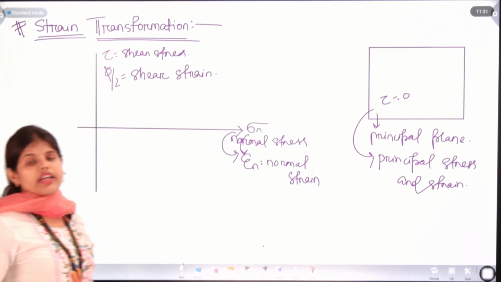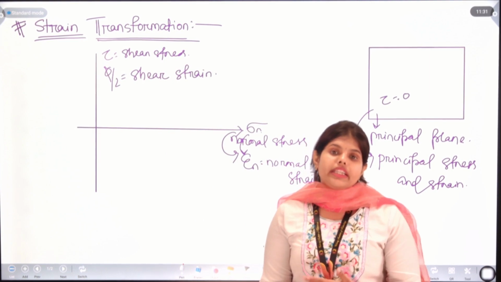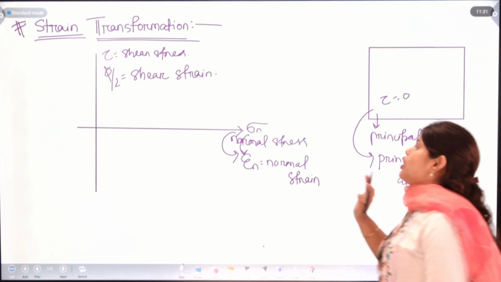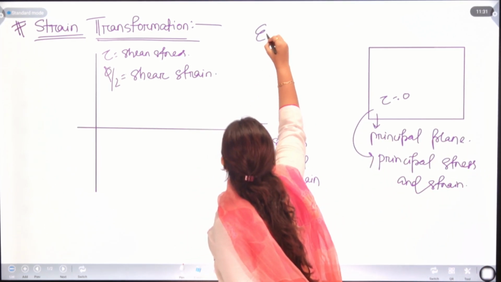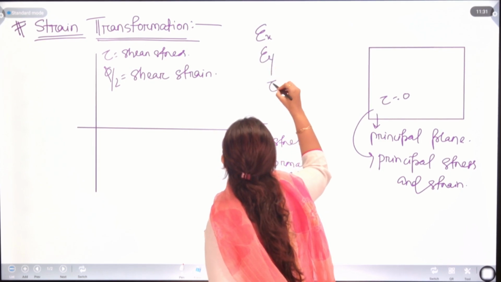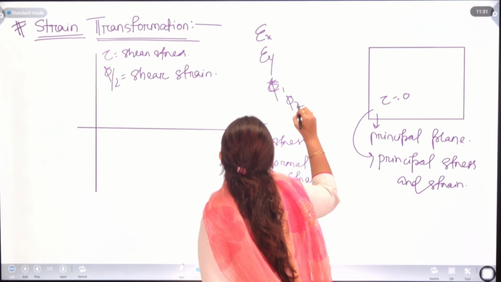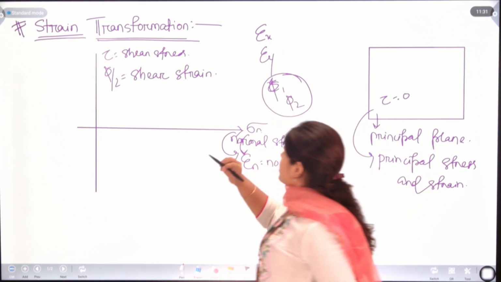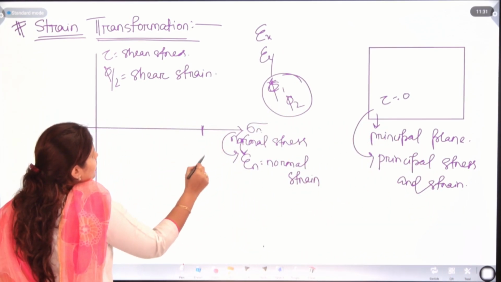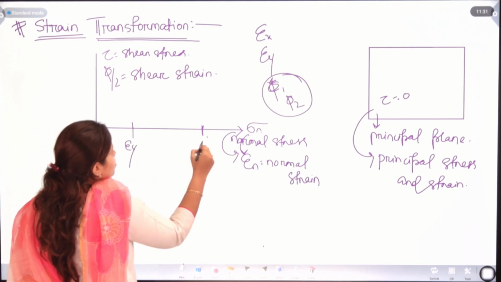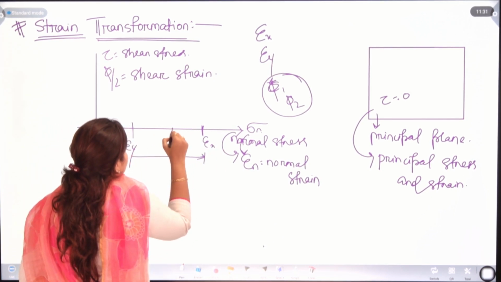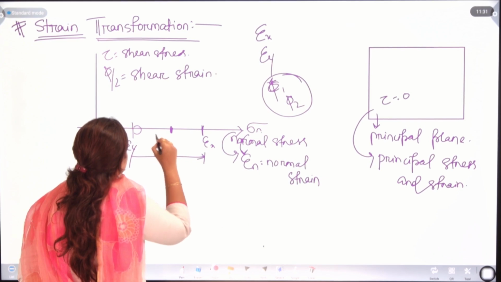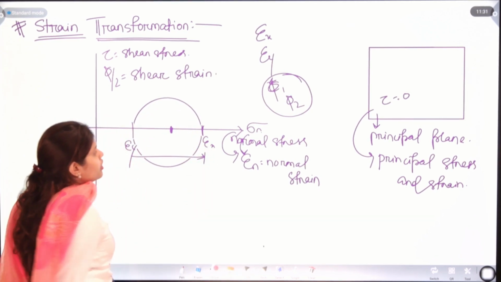While finding sigma n and tau, we have the values of sigma x and sigma y and tau x and tau y. Similarly, here we will have epsilon x and epsilon y and also the phi 1 and phi 2 values if present. We will find the points epsilon x and epsilon y, then find the radius and the center point, and by using that we will draw the Mohr circle, right?